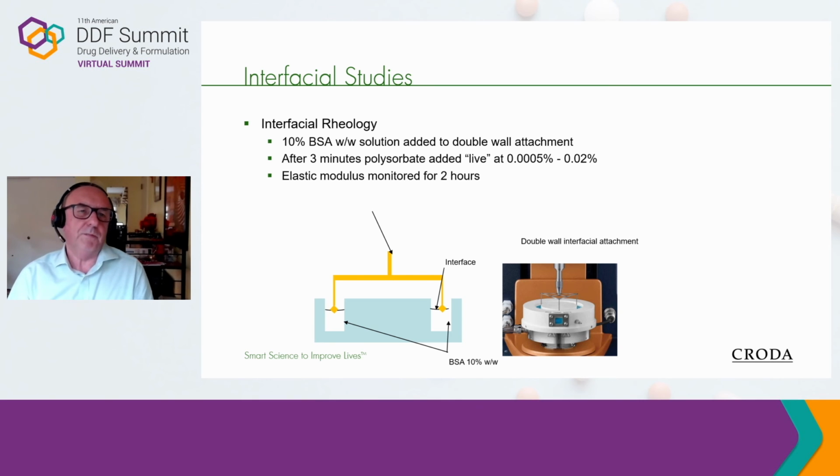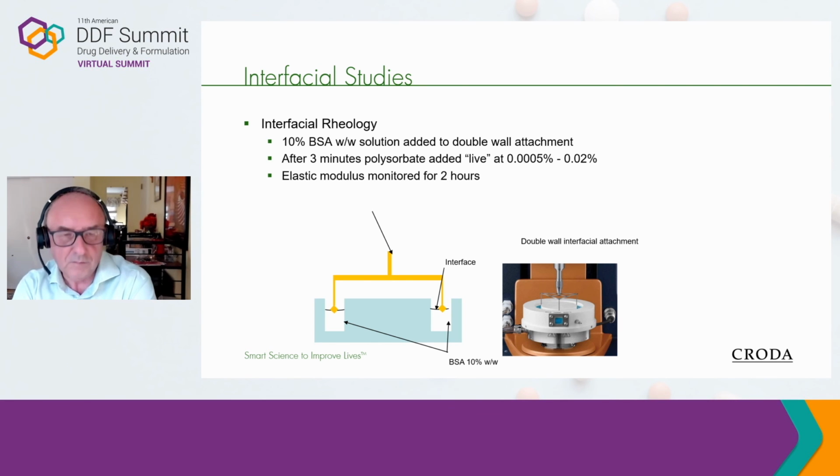Moving on, we did some interfacial studies as well using interfacial rheology. This is used to assess the protein clearing from a solid surface. We use interfacial rheology, using a double wall attachment on a TA Instruments DHR3 rheometer.